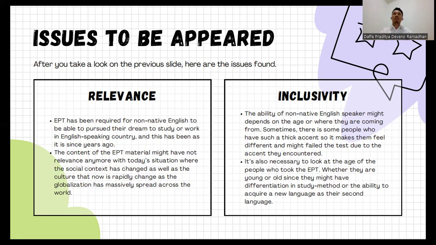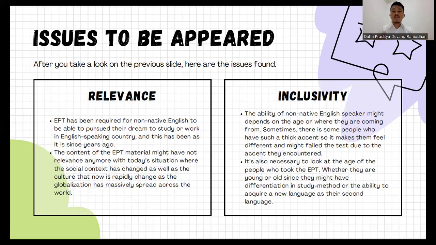So we cannot follow the standards of native speakers anymore, because globalization is one of the most influential things and is the point where we need to adjust the content and the relevancy within the EPT test.